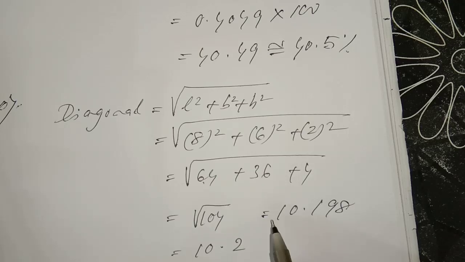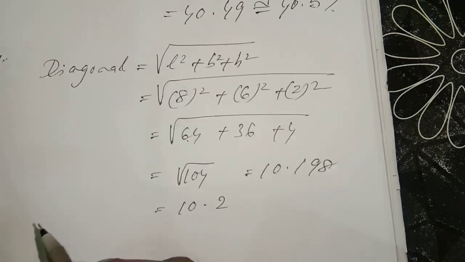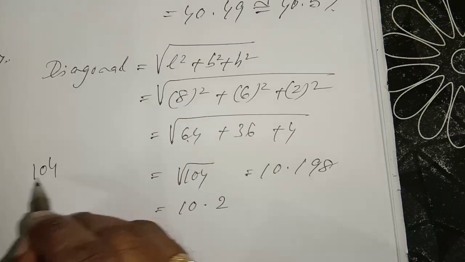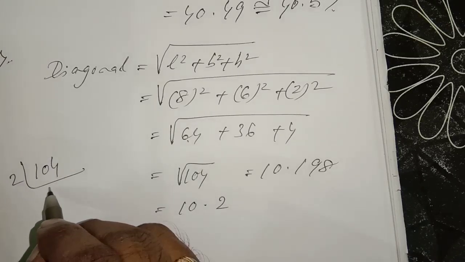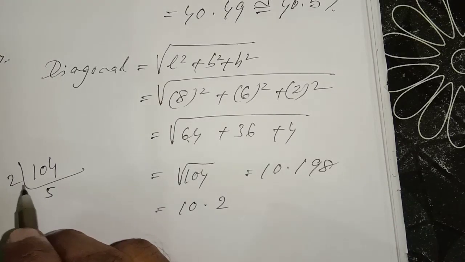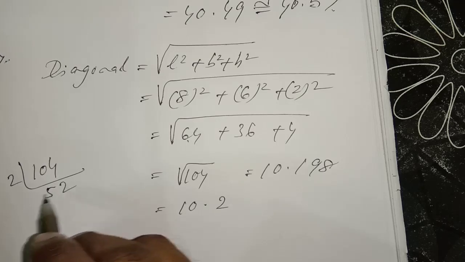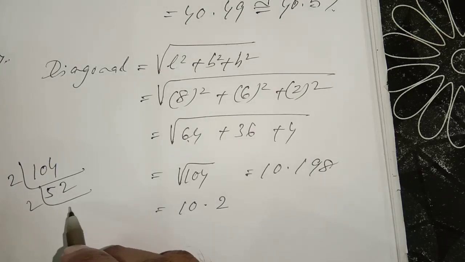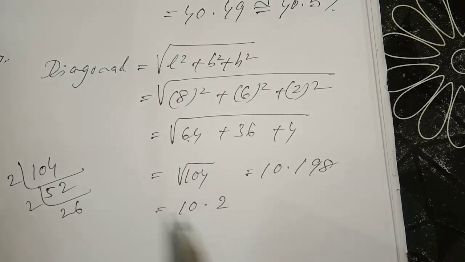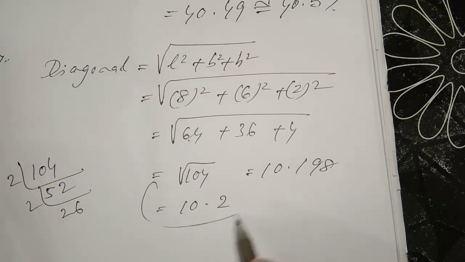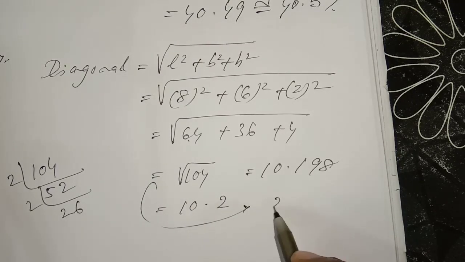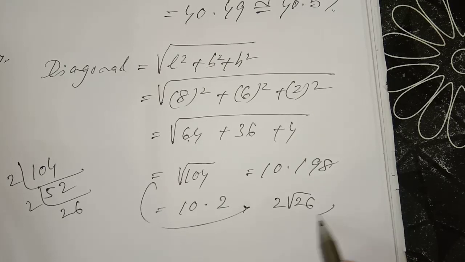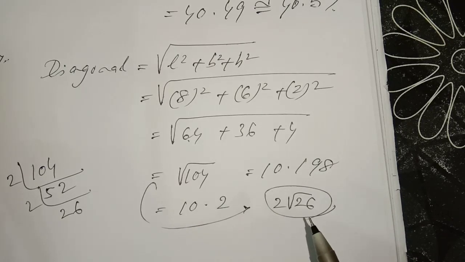Otherwise you can keep it like this. 104 you have to factorize. If you go by 2 it will be 52. Again it goes by 2, that will be 26. That means you can write here in this way also: 2 root over 26. You can write like this, 2 root over 26.